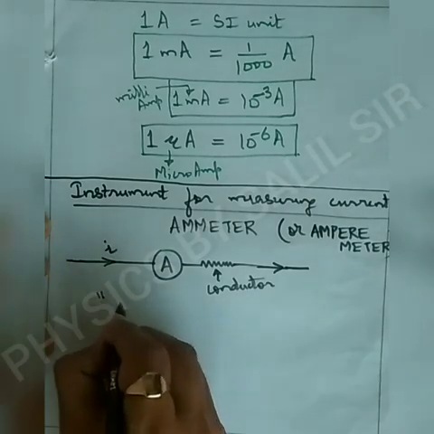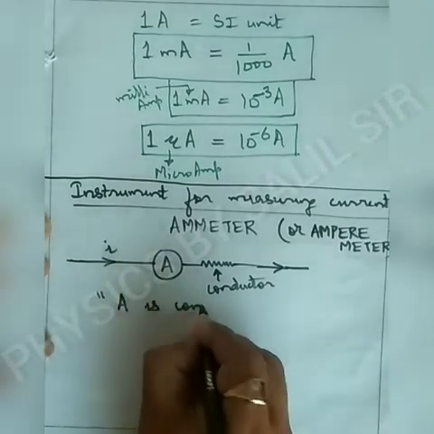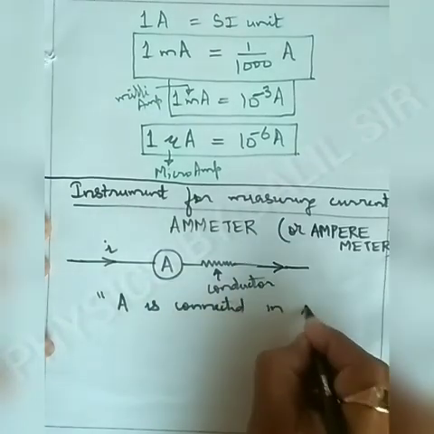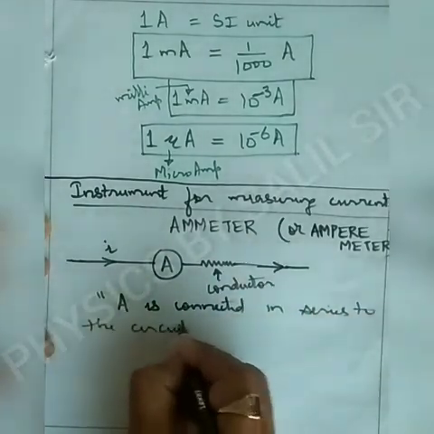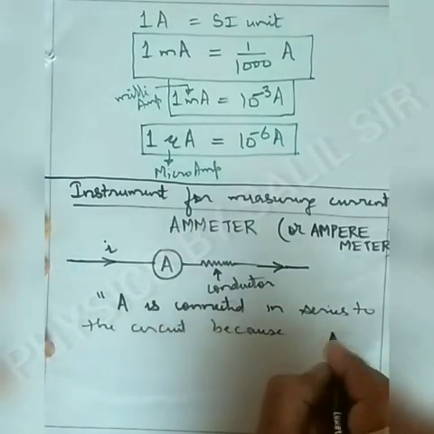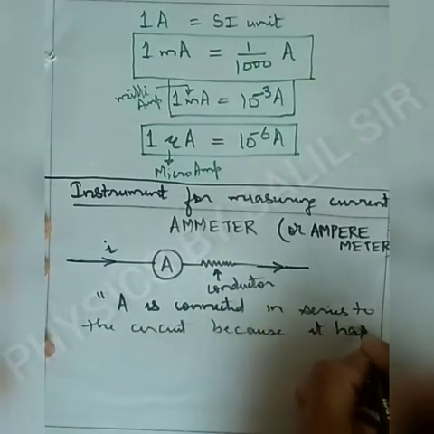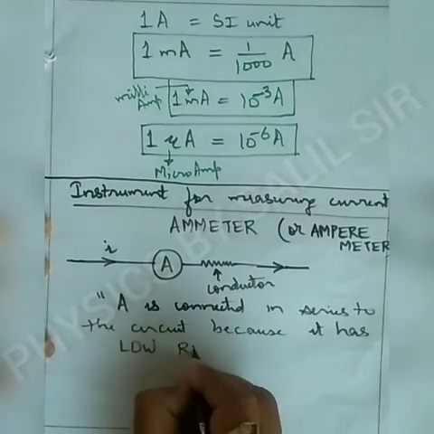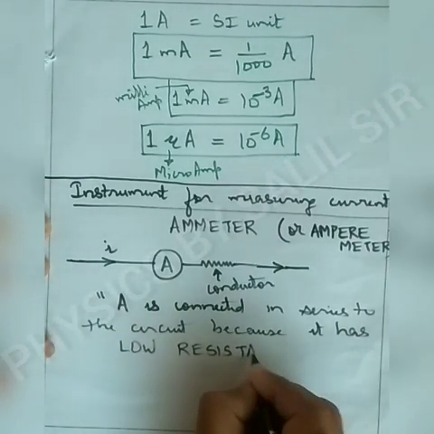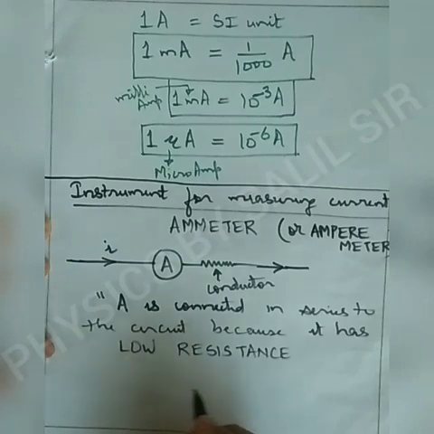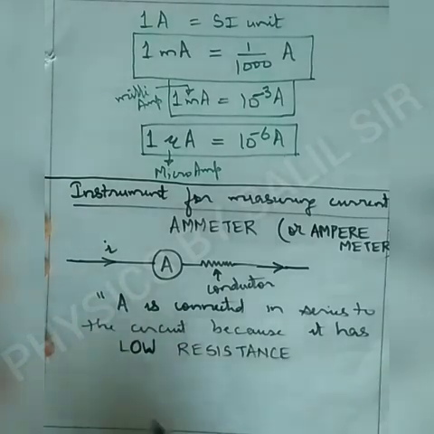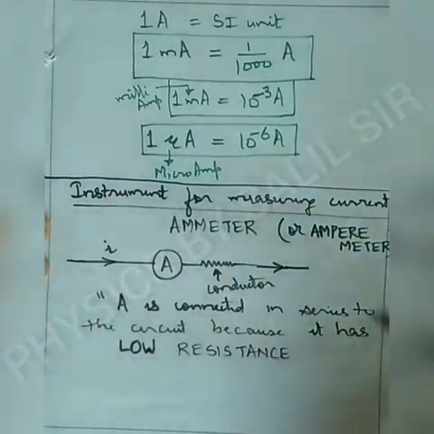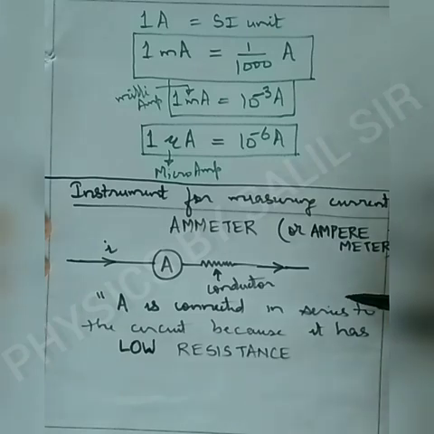Why are we connecting it in series? Because the ammeter is connected in series to the circuit, because it has low resistance. This is also a very common question asked almost every year, either voltmeter is asked or ammeter is asked.